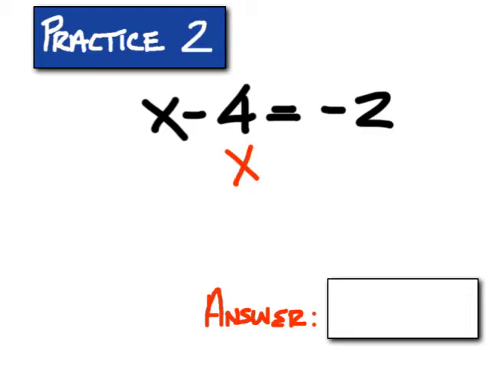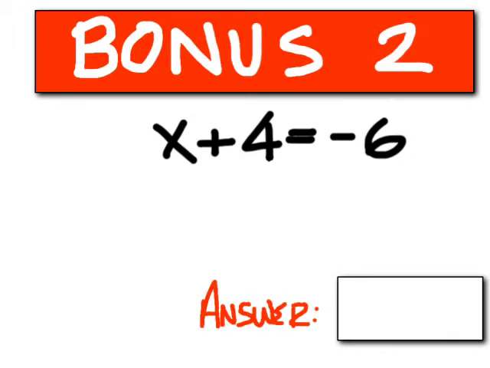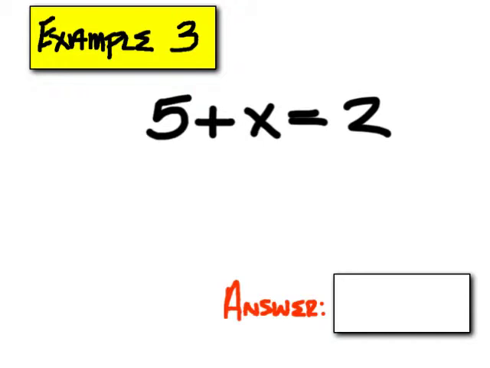On the practice, you should have negative 2 plus 4, which is a positive 2. For the bonus, it is negative 6 minus 4. That is negative 10.